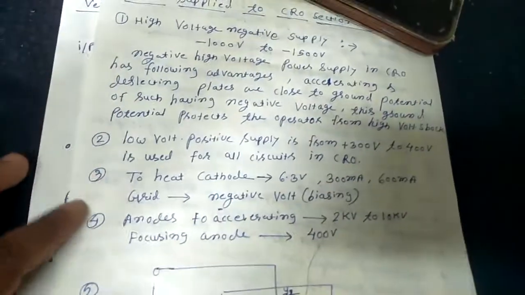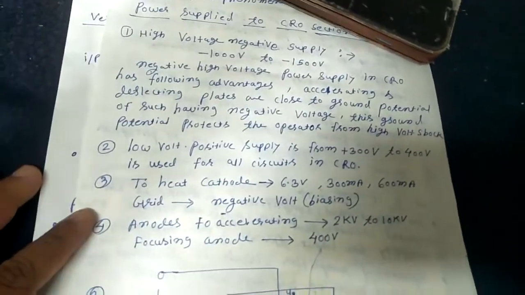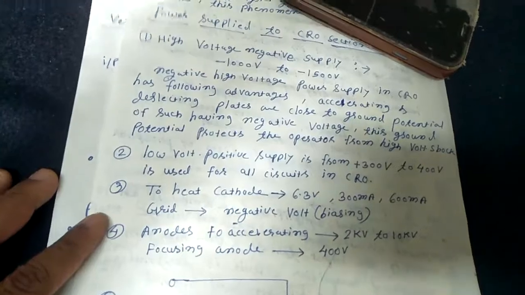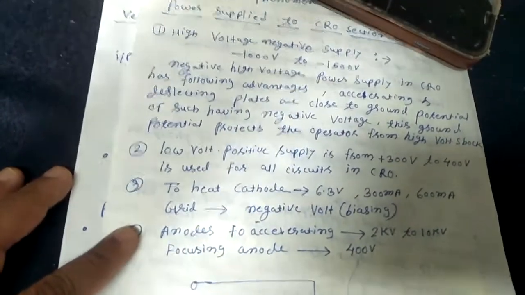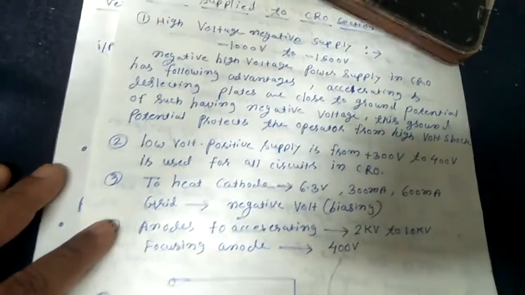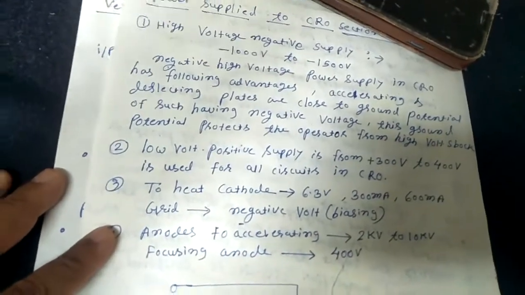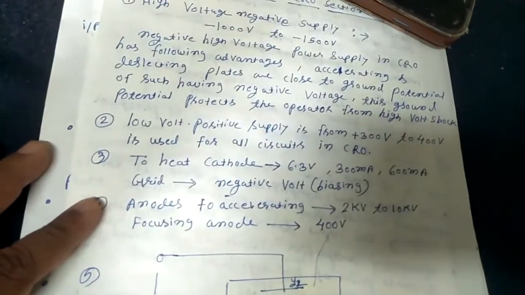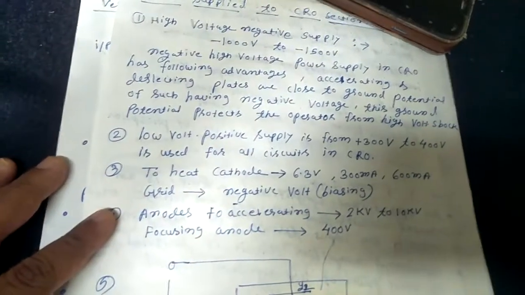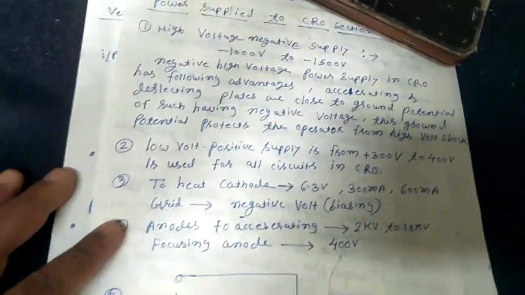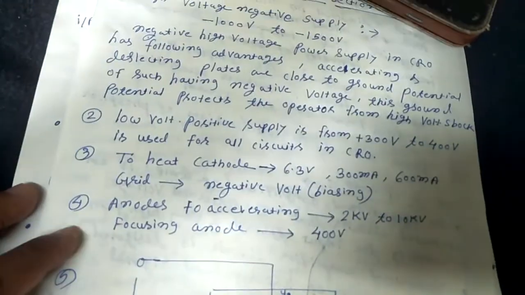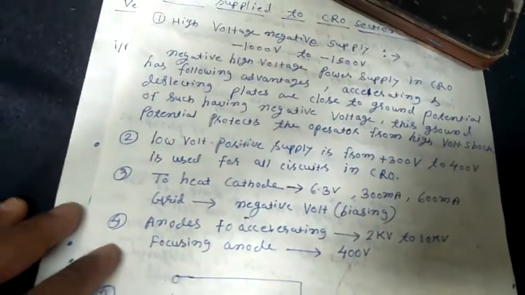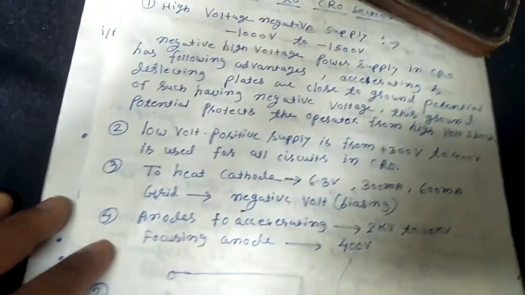For generating the electron beam, we have to heat the cathode material with a heater by giving 6.3 volt and 300 milliampere or 600 milliampere. By heating the cathode we can emit the electron beam, which passes through different media and finally strikes the phosphorus screen.